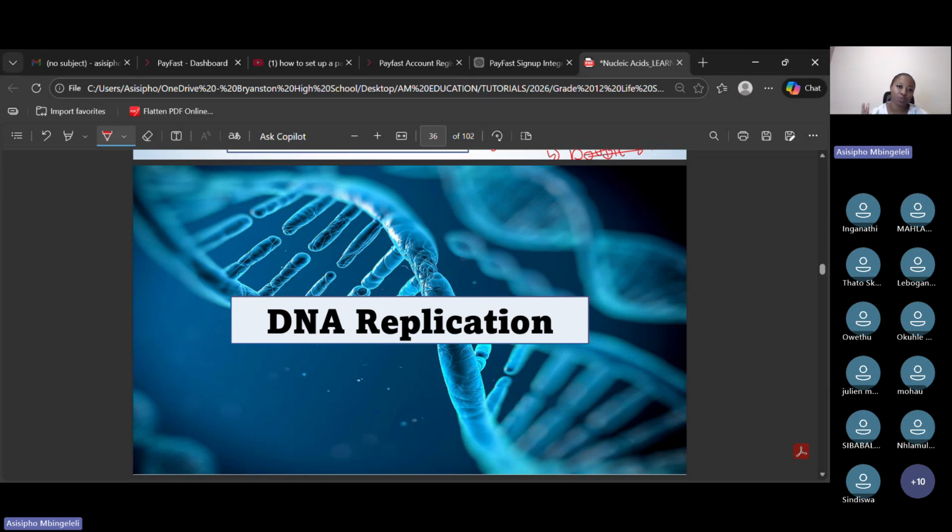If you have a page with you, I'm gonna plead that you use that page and we go through this process together. It doesn't have to be a big page, just an A4 or just half of an A4, or an A5 or whatever. And then we draw the diagram together. So I'm going to look at DNA replication in the notes and then look at DNA replication in the diagram, how exactly it occurs.